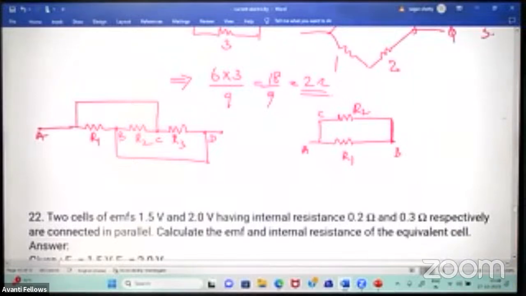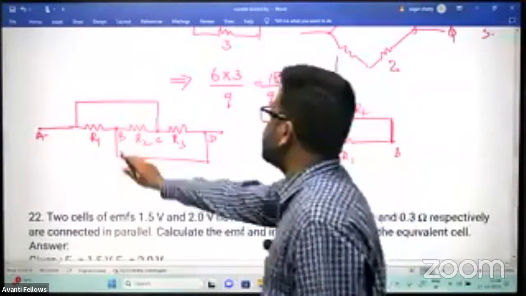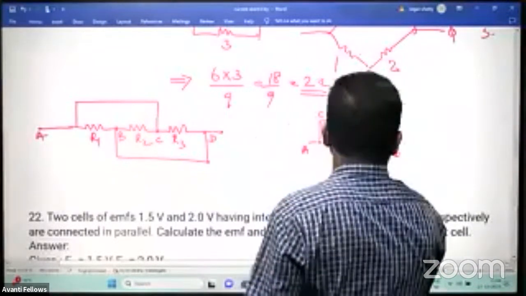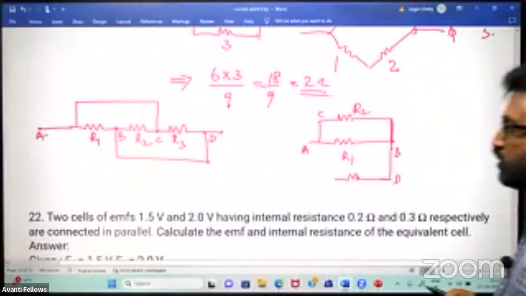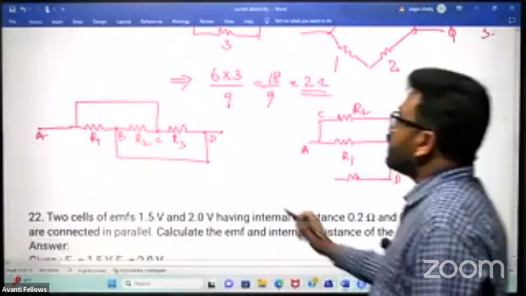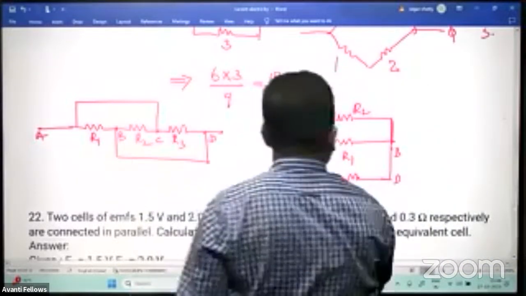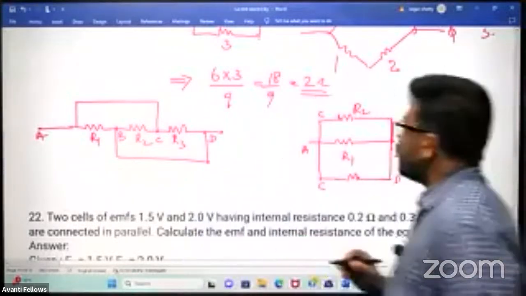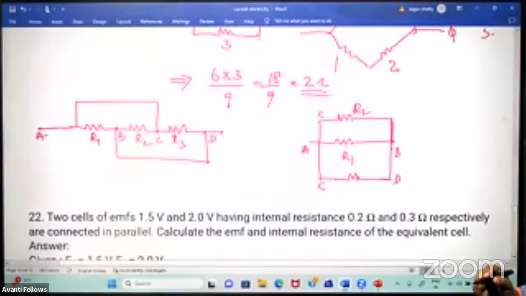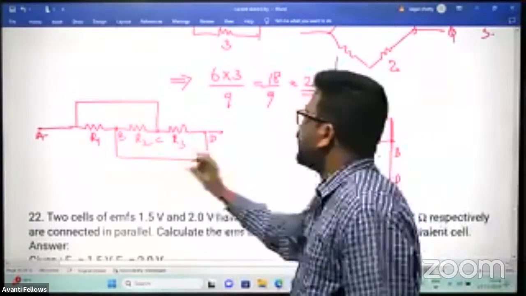One end of R3 is D. D is in turn connected to B. And the other end of R3 is C. C is in turn connected to A. This is the equivalent diagram of this particular type of combination.